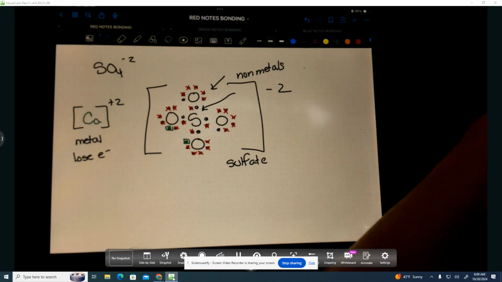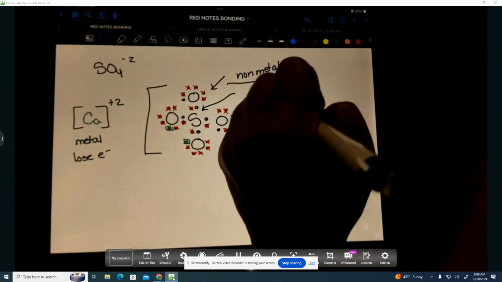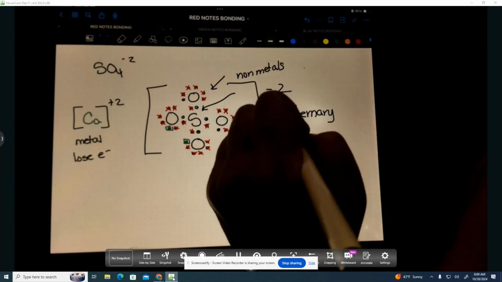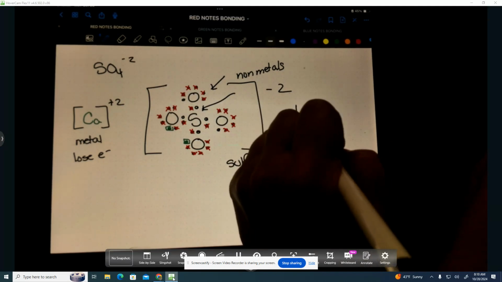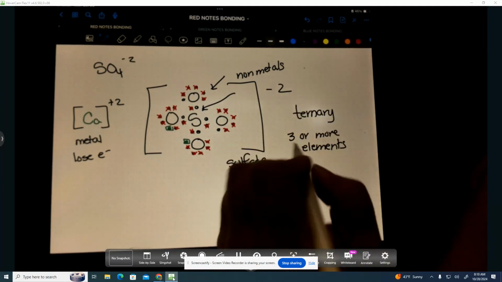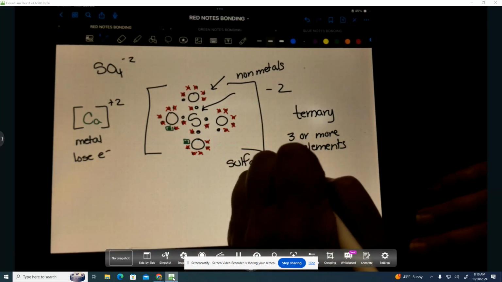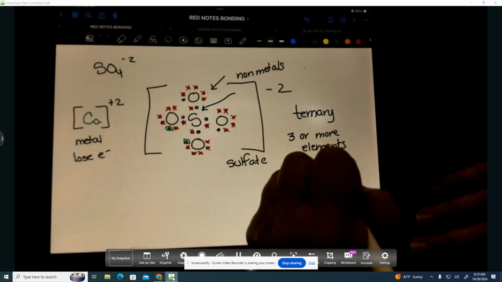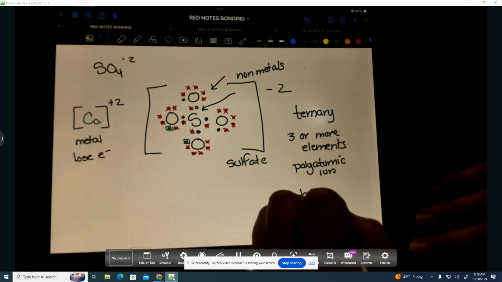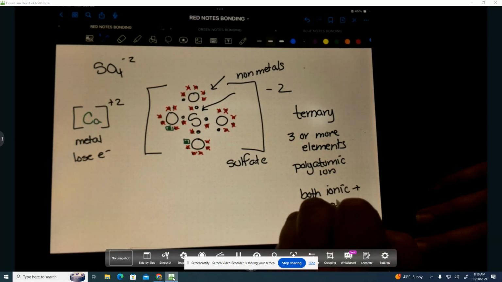So, bottom line, if you have something we call a ternary compound, which means it's going to have 3 or more elements, and one of those in that ternary compound is a polyatomic ion, you're going to have both ionic and covalent bonds.